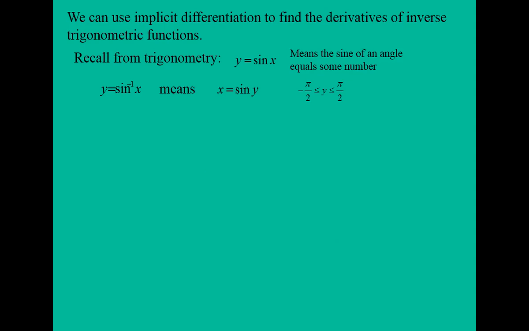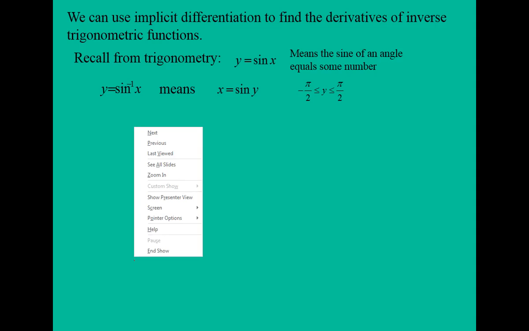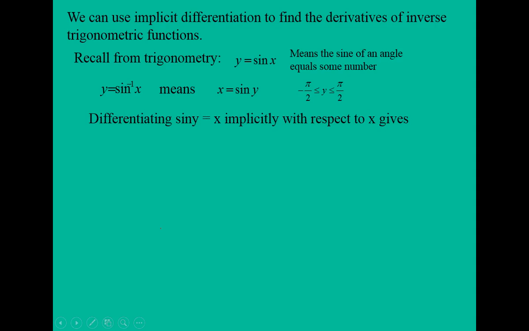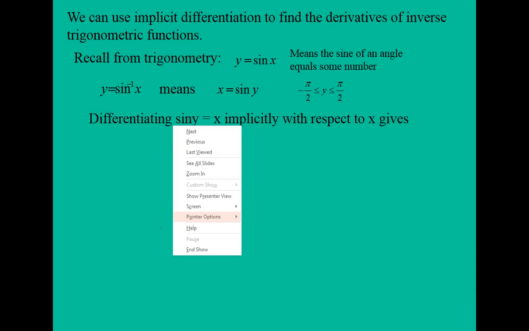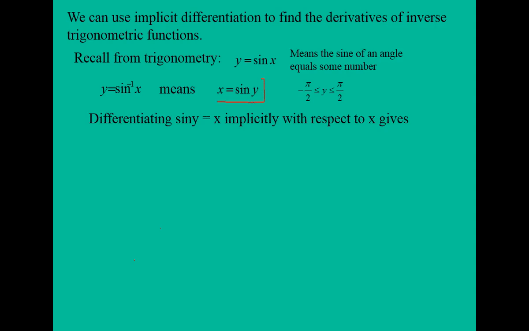Now to do that, we're going to go back to this form, x equals the sine of y. We're going to use that form to find the derivative of the inverse function. Let's take the derivative of x equals sine of y, and we're going to take the derivative implicitly.